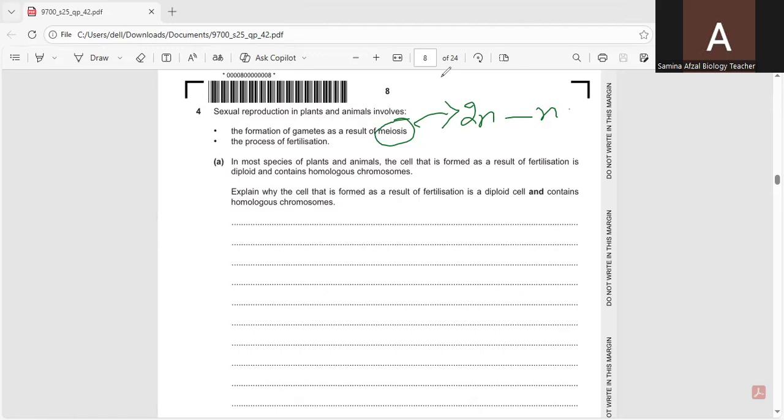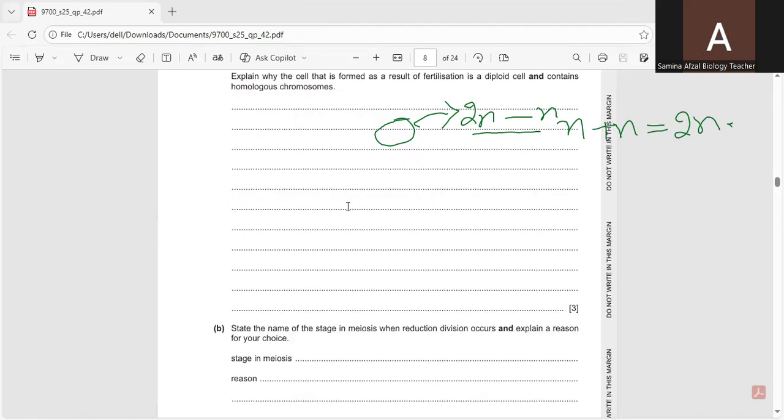So when there is fusion of gametes, the chromosome number is restored: n plus n will again become 2n, as the zygote is formed as a result of fertilization.